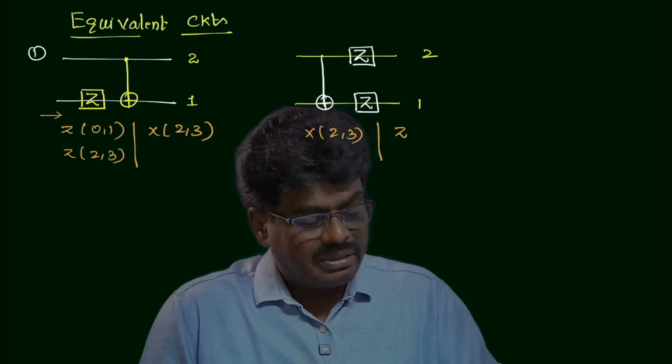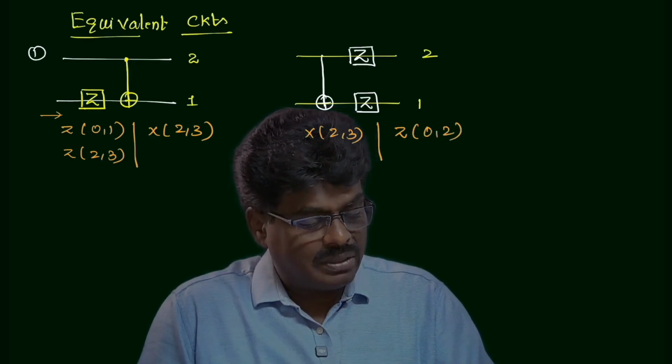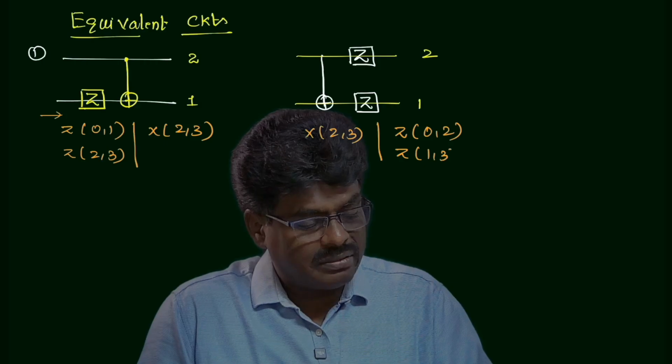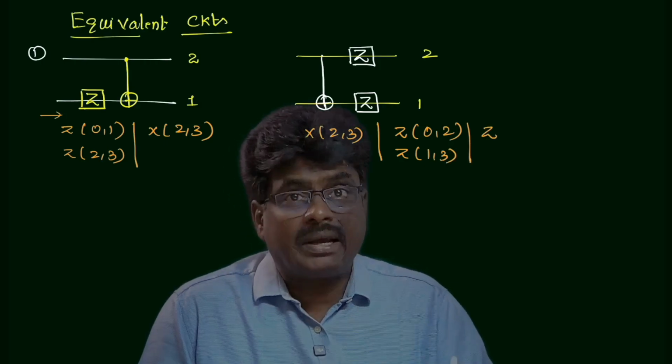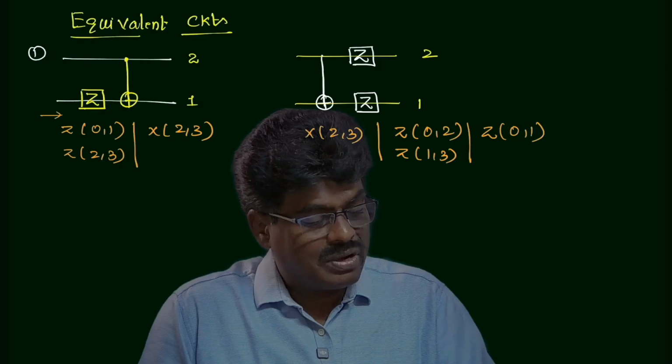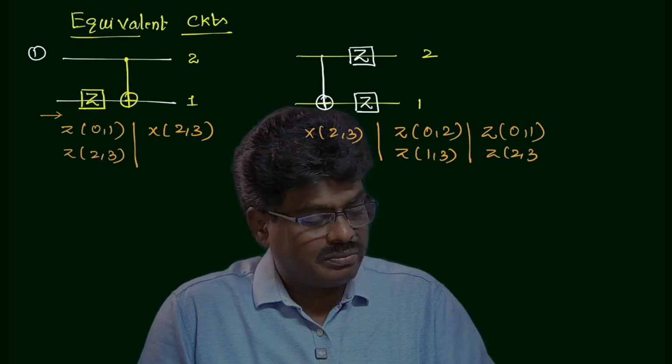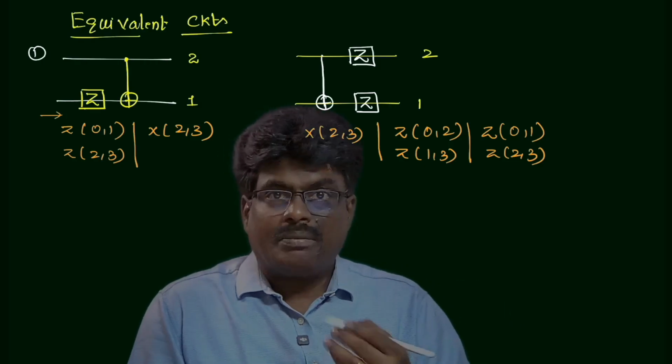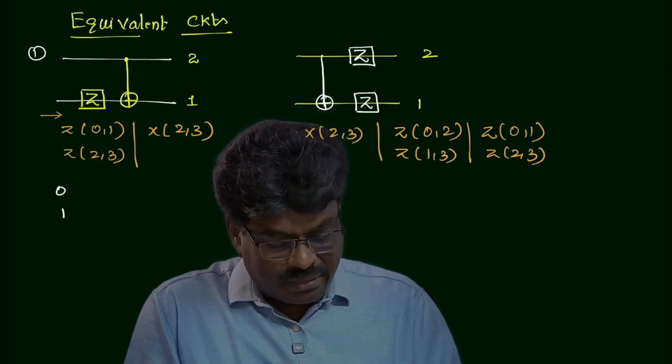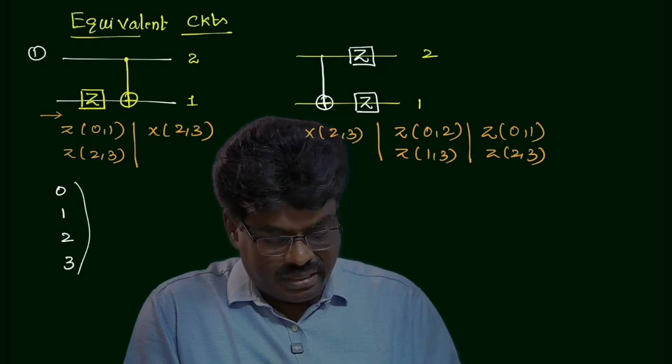So Z of 0 comma 2, I'm adding 1, and after that the second Z I am taking as Z of 0 comma 1, adding 2. Now see, I'm taking all the states at a time, that means the initial state.